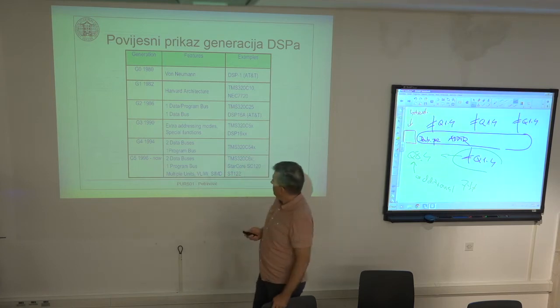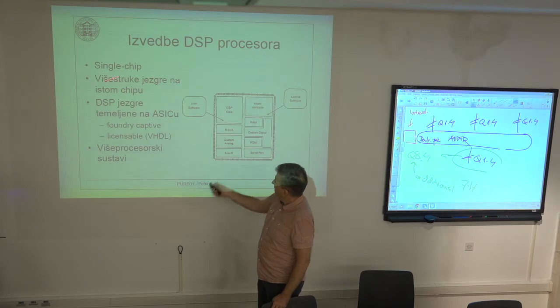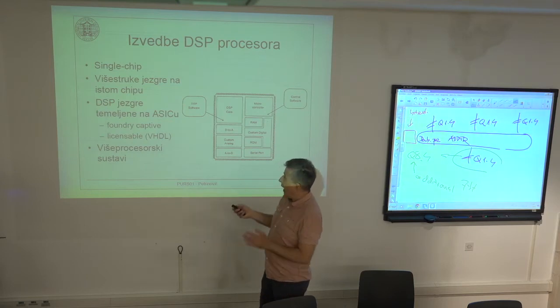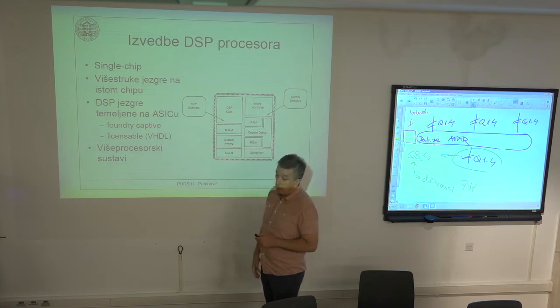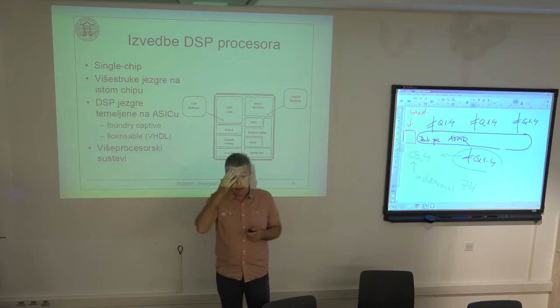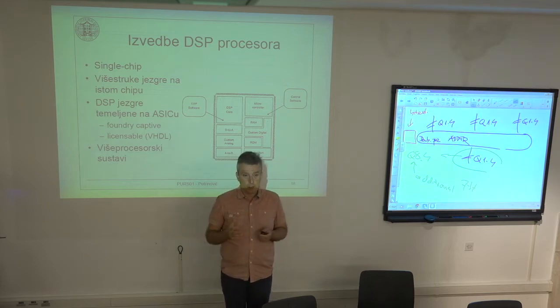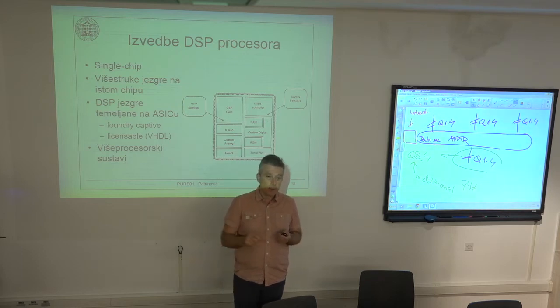Going further, this slide describes how these DSPs are implemented. They can be a single chip solution. In this case, the DSP is similar to a microcontroller. They have all of the peripherals, they have this CPU core, they have RAM and ROM memory.